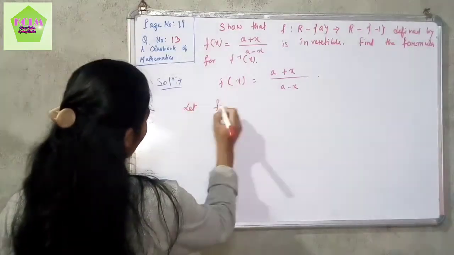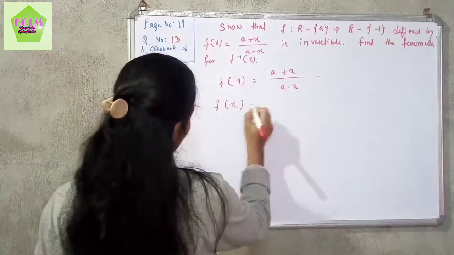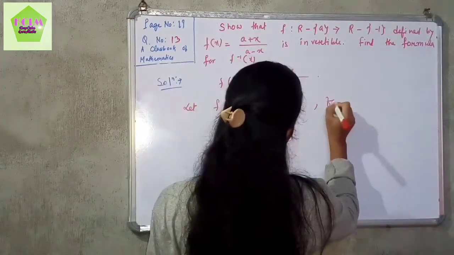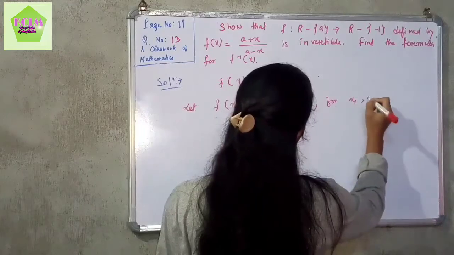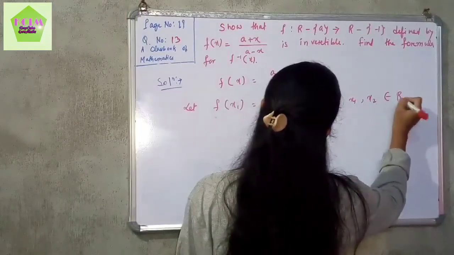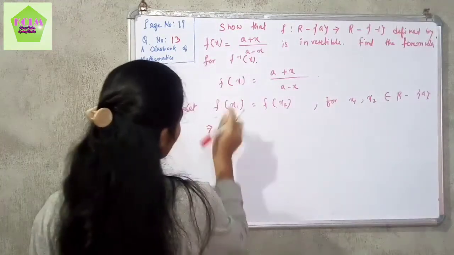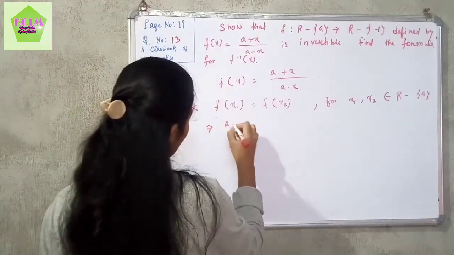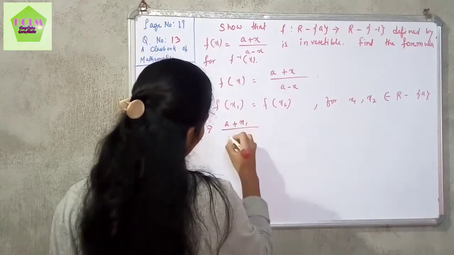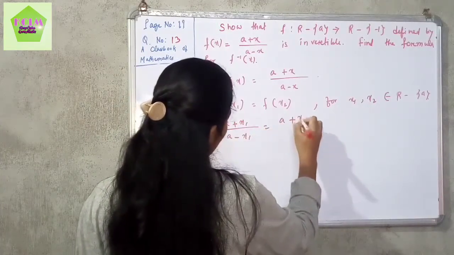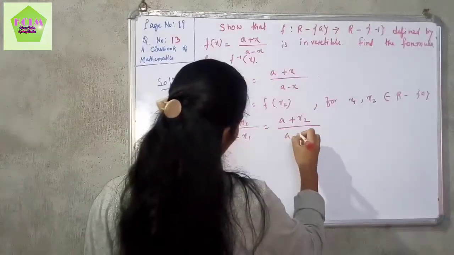Let f of x1 equal f of x2 for any two elements in the domain. Then by definition of this function, we get a plus x1 divided by a minus x1 equal a plus x2 divided by a minus x2.